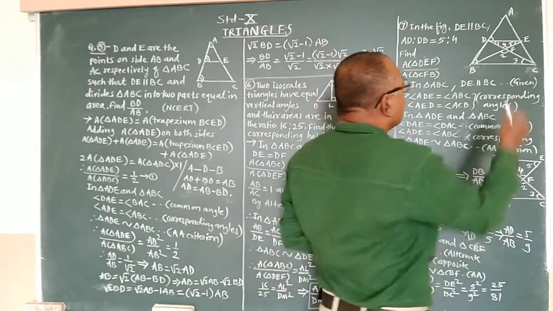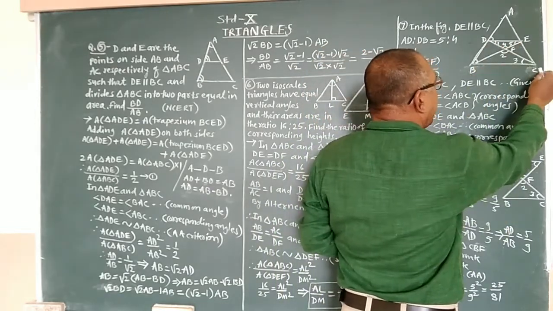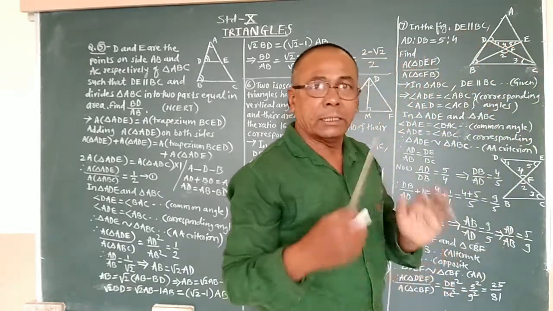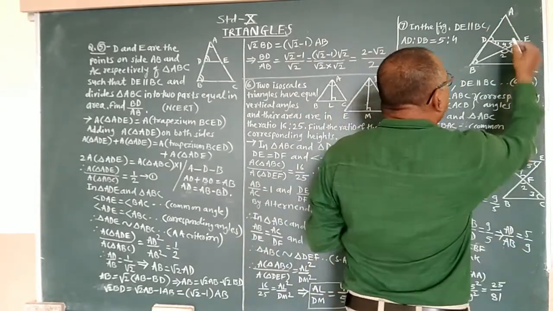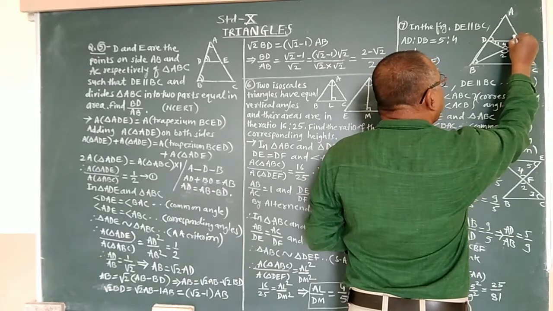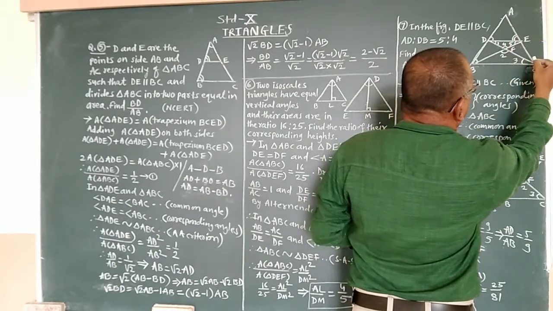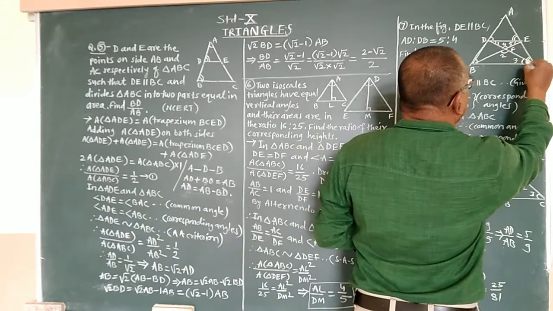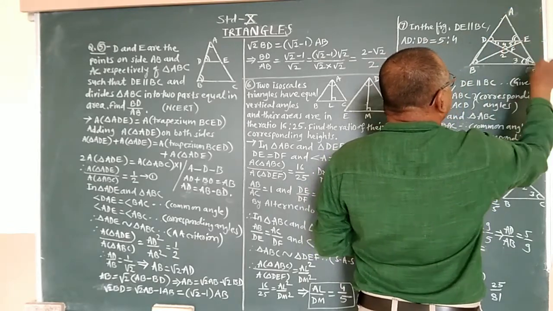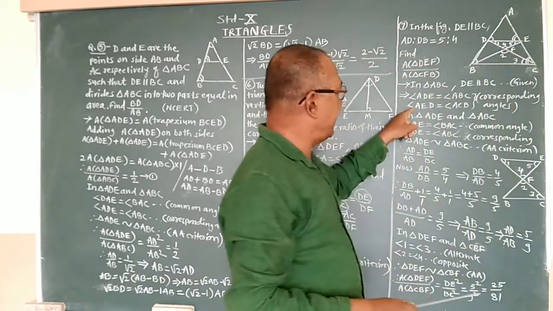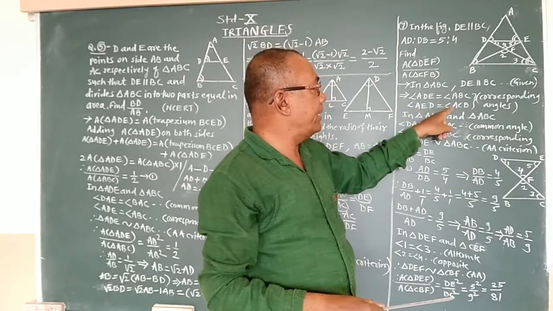Similarly, DE parallel BC, and now we will consider the another transversal, that is AC. So we will get another pair of corresponding angles, that is angle AED equal to angle ACD.